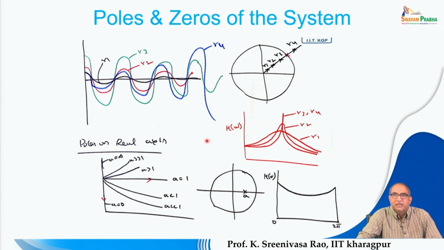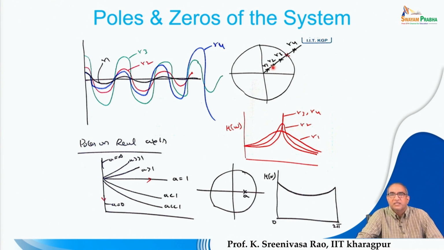And these are, as I mentioned, R1, R2, R3, R4. If you look at R1, which is close to the pole, it offers a larger bandwidth. As the pole moves away, it offers less bandwidth, that means the frequency range offered will be narrower.